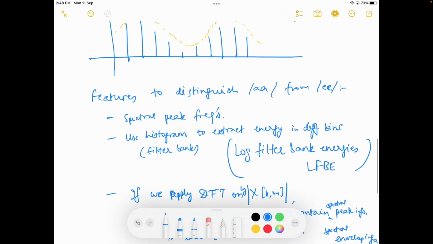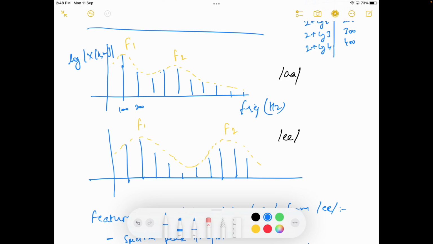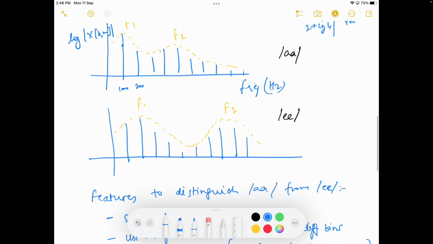Now tell me, if my signal looks like this, the DFT of this signal will be real or complex? Let's make it more general.